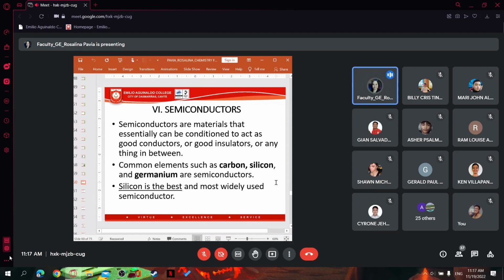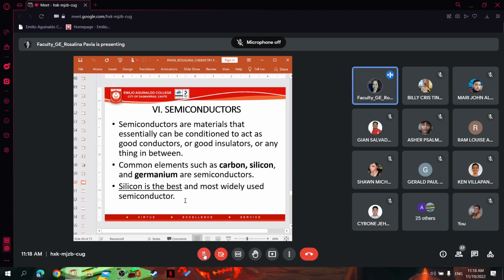Okay, the metalloids. So take note, anong characteristic ng mga elements belonging to that group? They are under group 4. So what does it mean when they are under group 4? What does it mean when they are under group 4 of the periodic table?